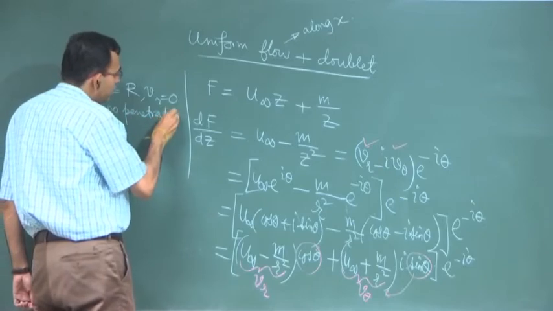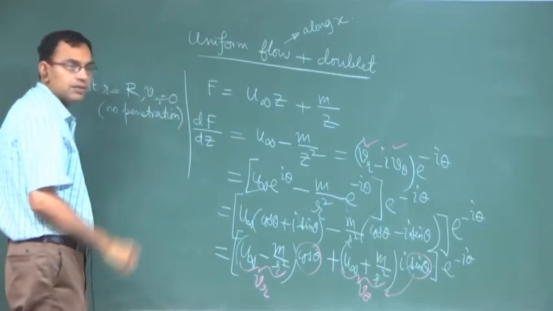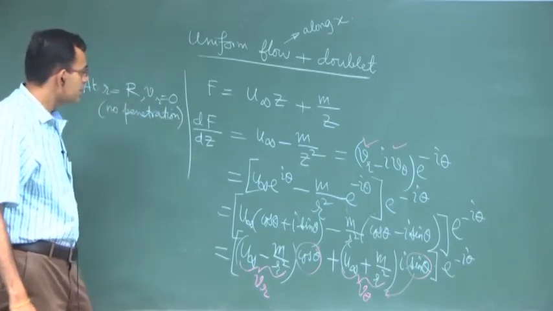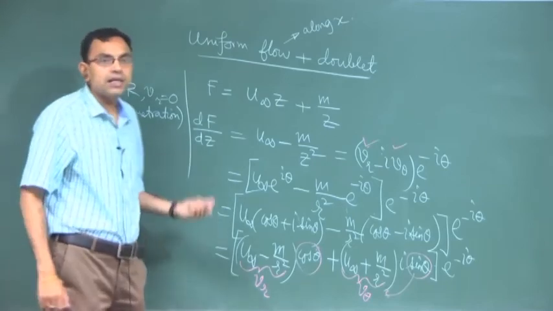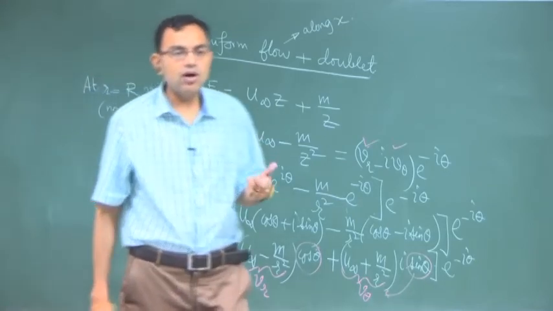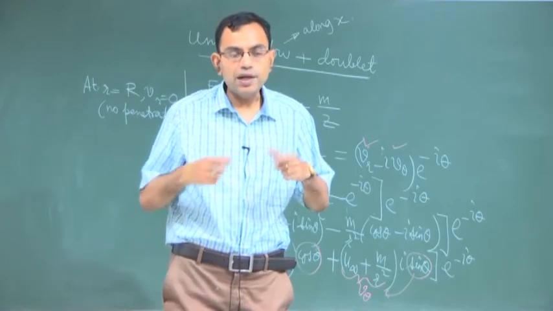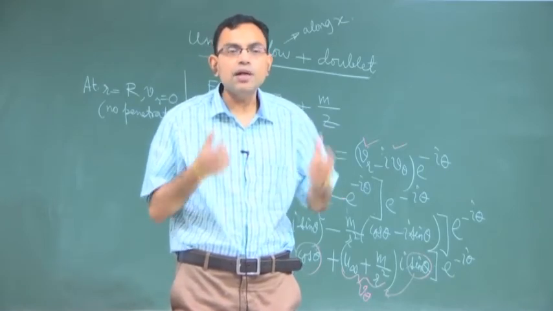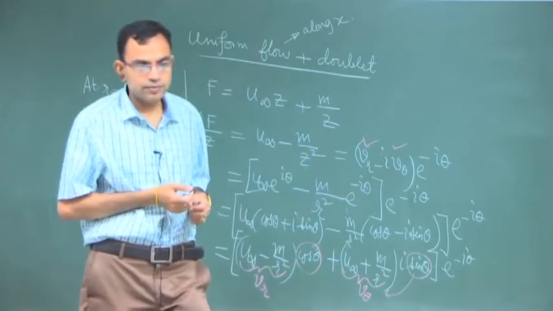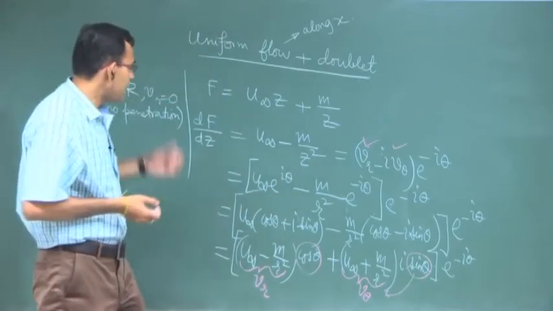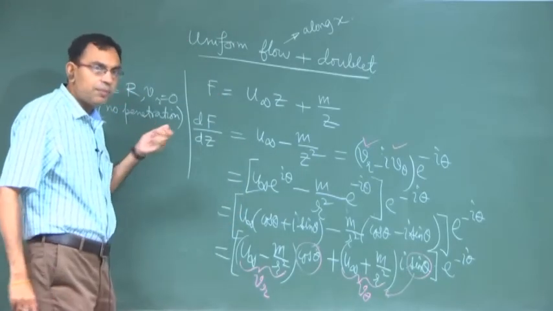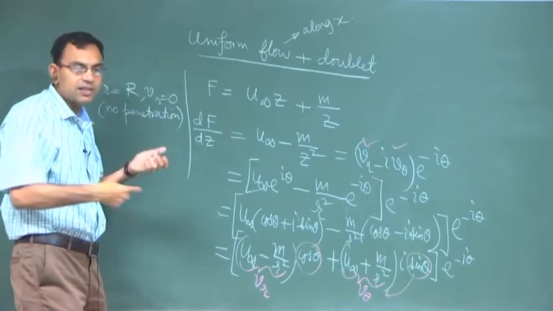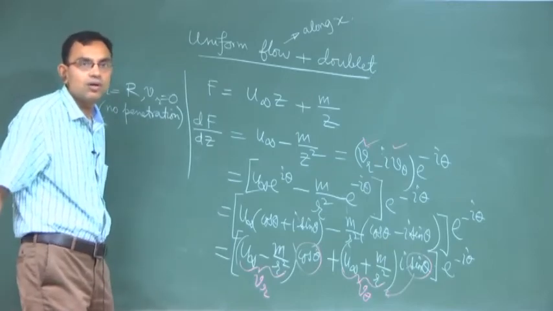The no penetration boundary condition is very important, because it does not depend on whether it is potential flow or not. No penetration is a kind of kinematic boundary condition at the surface. So, kinematically there cannot be any penetration across the surface unless there is a hole.